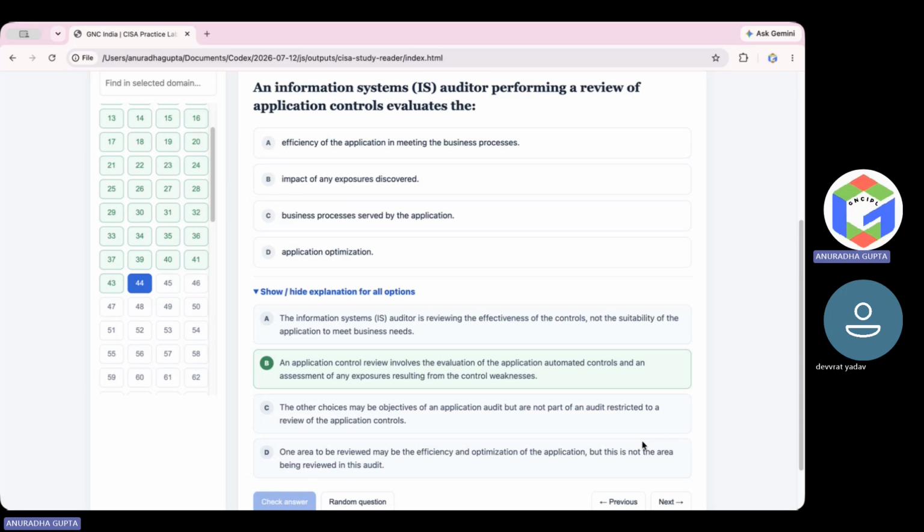There would be n number of applications, and only with the combination of those applications would the business need be sufficed. If you're testing a single application, the entire business need would not get sufficed. So that is what it is mentioning here. So the auditor is basically reviewing the effectiveness of the control. He is not checking the suitability of the application to meet the business need.